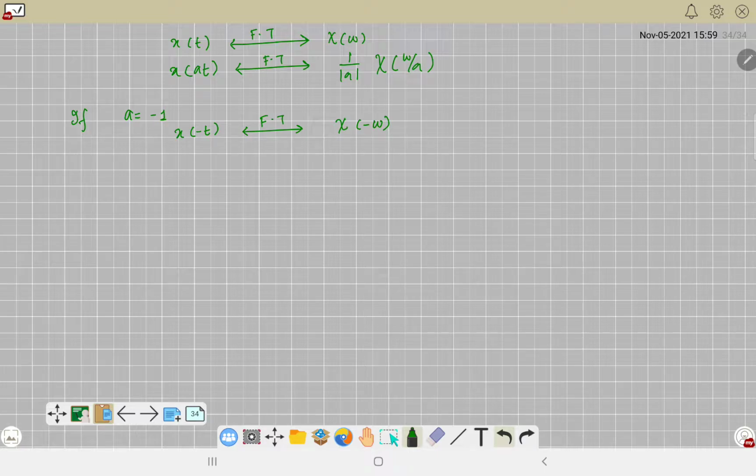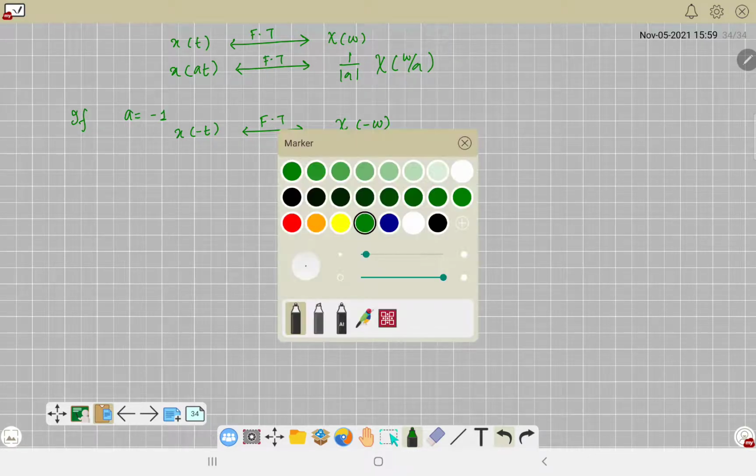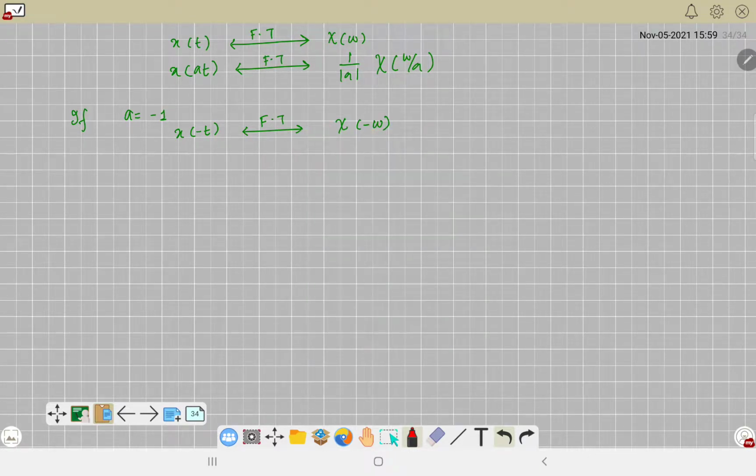We have some additional properties, like we had done that basic operation, it was convolution. Let's see what happens to convolution. So this will be our fourth property. So we have the convolution property.